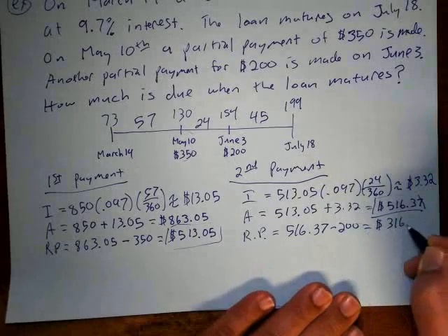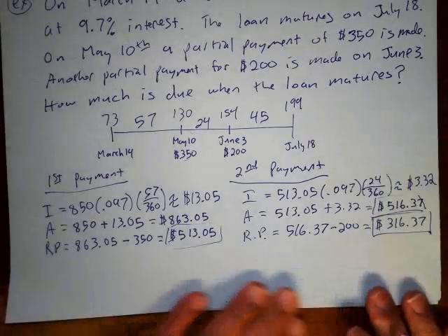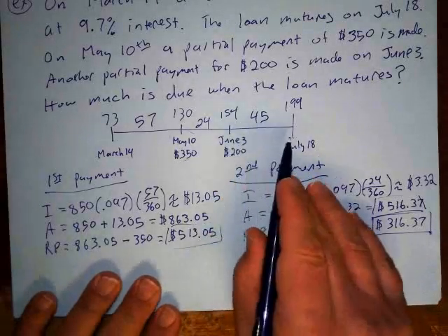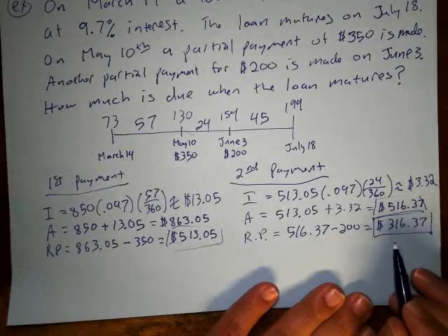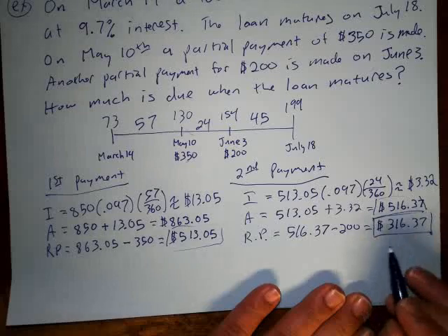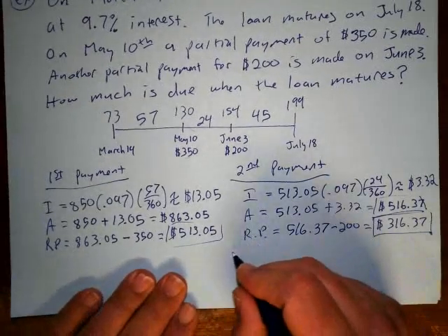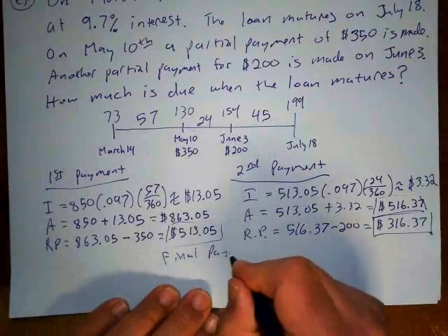That'd be $316.37. Okay. And so now when we go into this last pay period, they can only charge me interest over this amount right here. So maybe I'll center it here. Final payment.